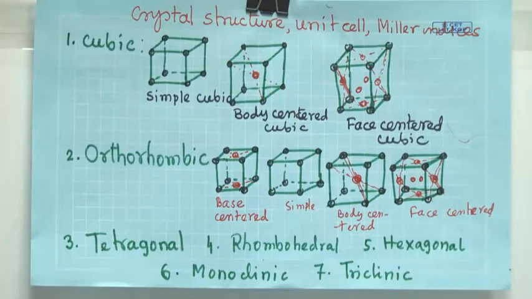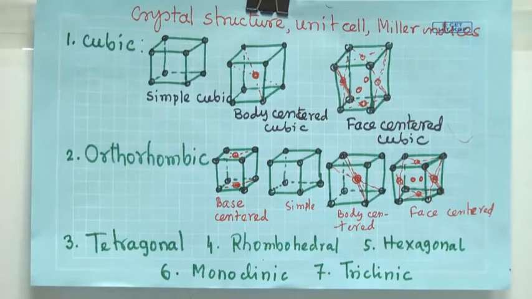So, now can you imagine, 14 lattices are there, called Bravais lattices. So, the real crystal of a material, its structure, its unit cell or its lattice, will be one of these 14.